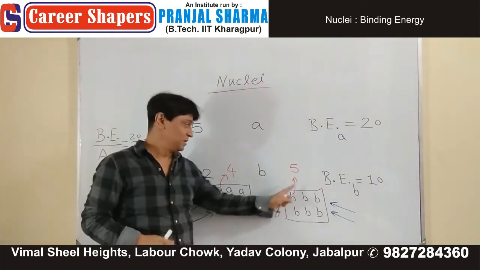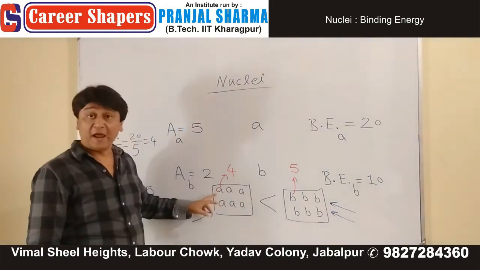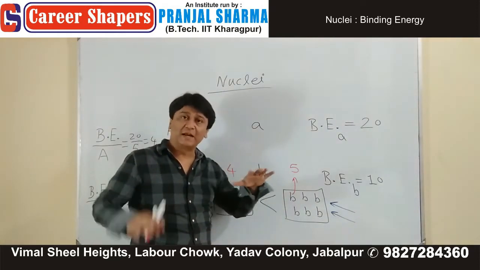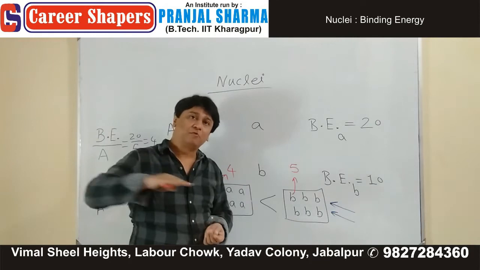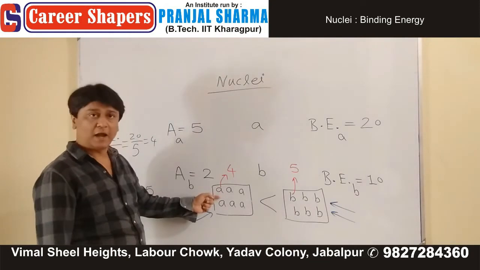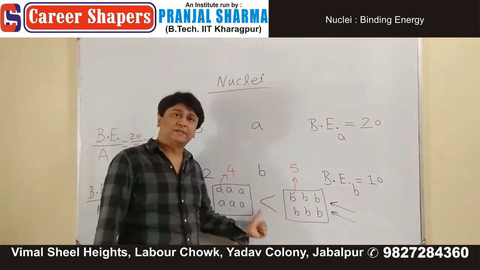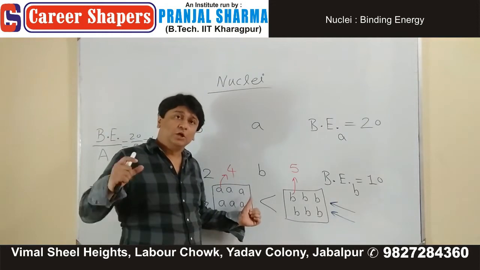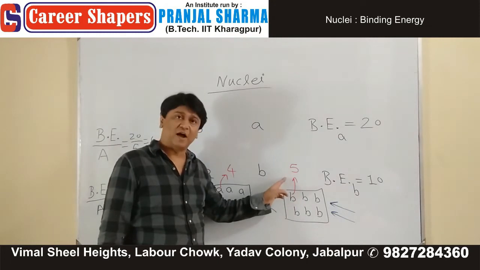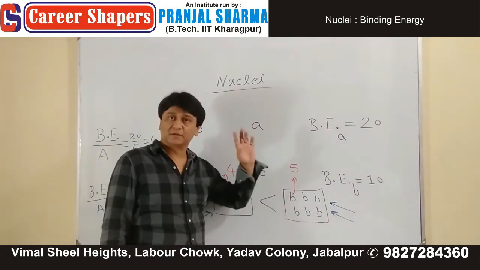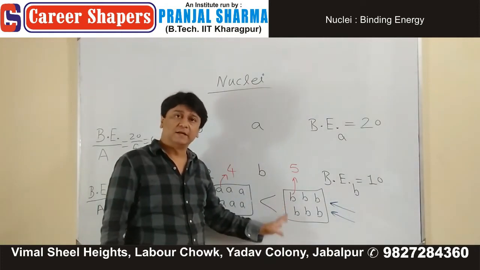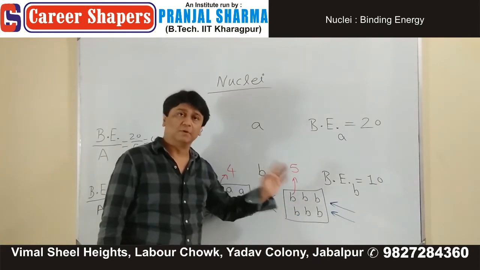B is more stable than A, because the A's get 4 first, and then the B's get 5. So which one reaches the minimum criterion for disintegration first? A. And therefore its disintegration starts first. You keep supplying the energy, the level increases, and when it becomes 5, now the disintegration of B's starts. That means it took longer, which means it is much more stable.